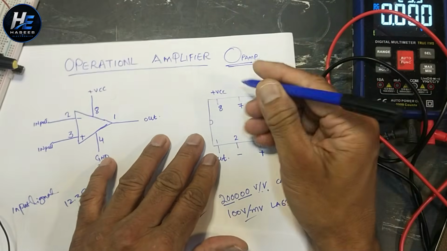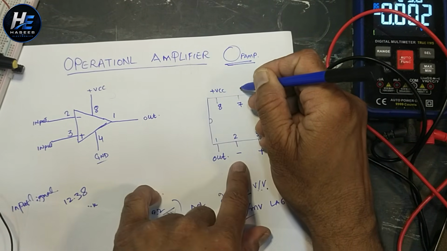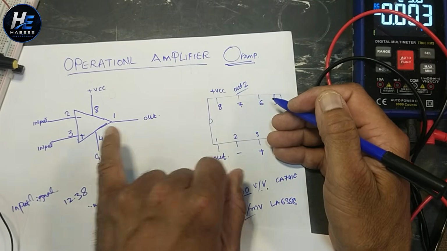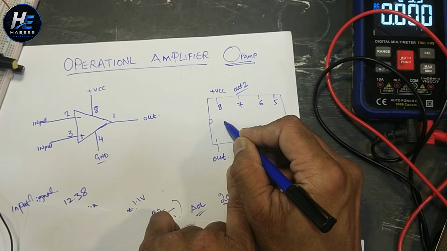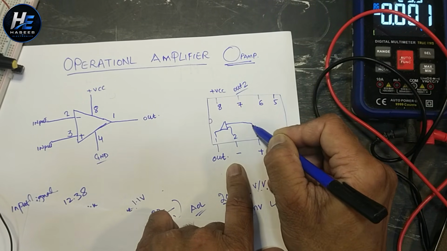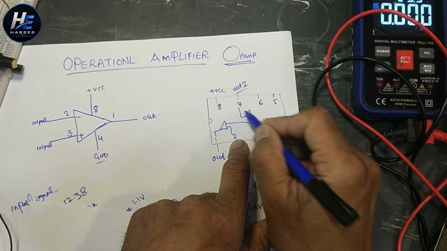Pin 8 is VCC, pin 7 is out. This is the second side. One operational amplifier here. Let me make it here. The second operational amplifier here.